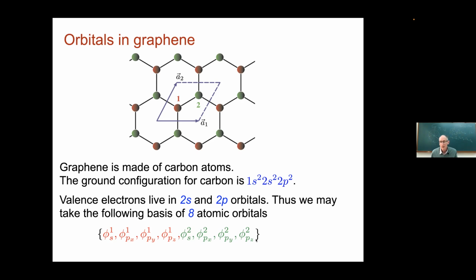Okay, now you know that you will always use the tight binding model if you start from orbitals and you want to do it analytically or at least manually. And basically, what you do is you take combinations of these orbitals, and then you move into Bloch waves. You could try to do the thing also directly in real space, but then the problem is much harder, because here you have 8 orbitals per unit cell.